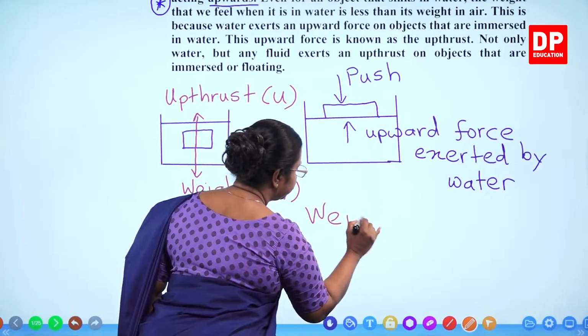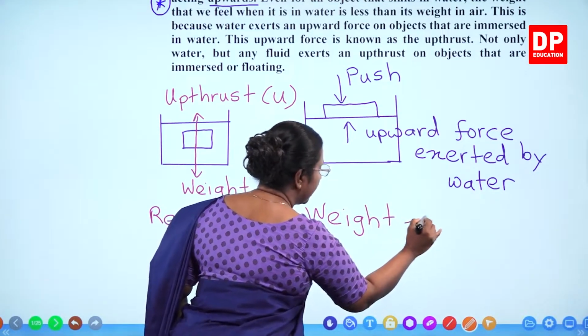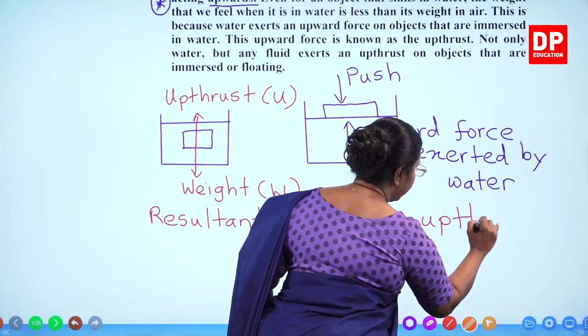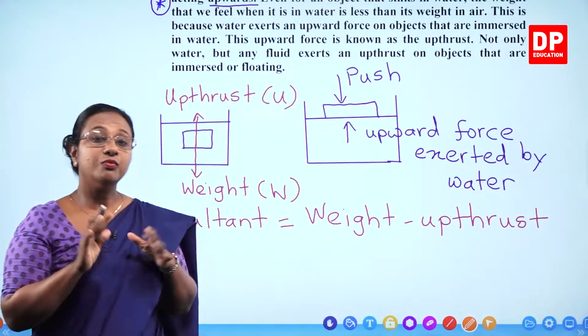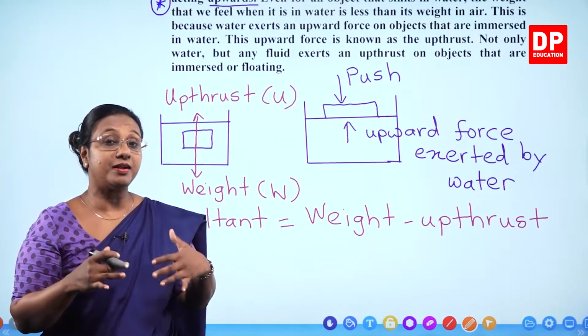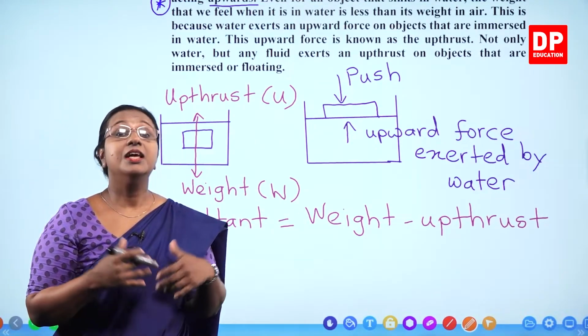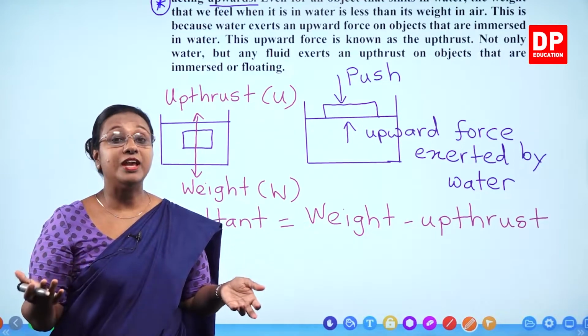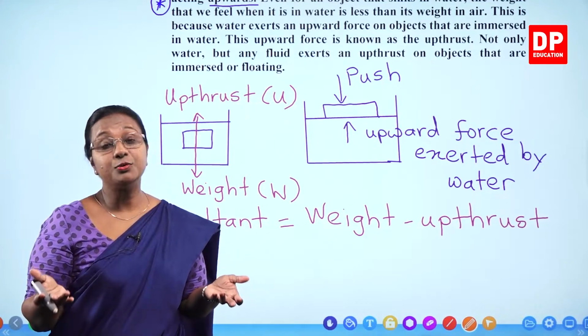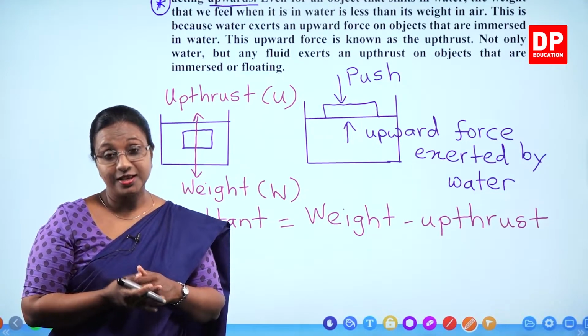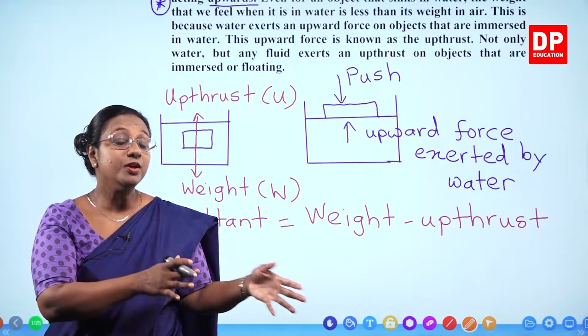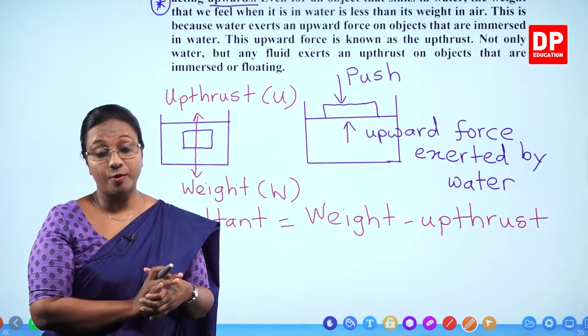weight minus, we can say, upthrust. So when the upthrust is subtracted from the weight, you see a different weight, or you feel a different weight. We can call that the apparent weight. That is what I explained to you all with drawing water from the well.